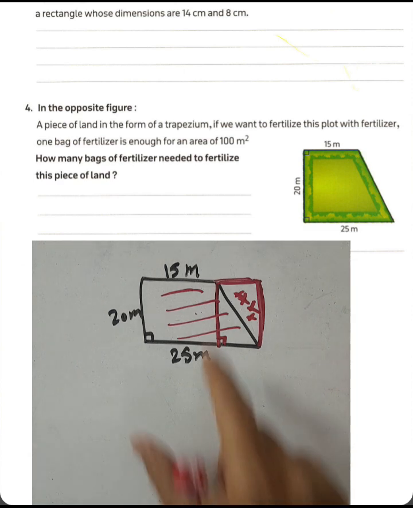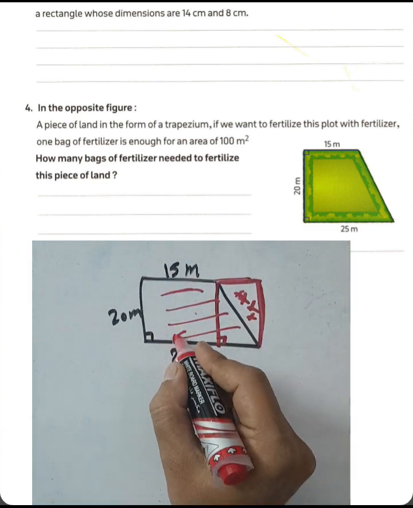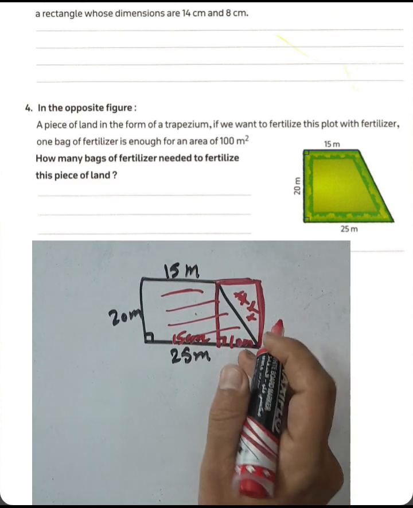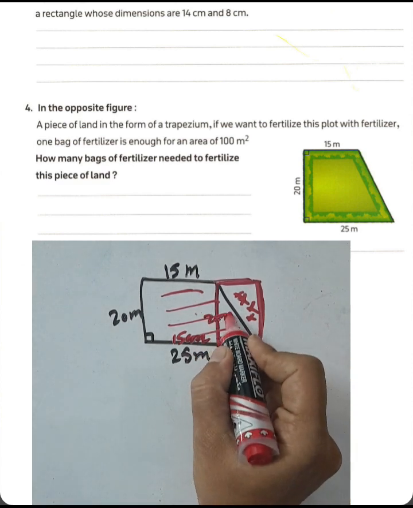Because he gave us here 15, this side length was 15 meter. 25 minus 15 will be 10 meter here, and it was 20 meter.